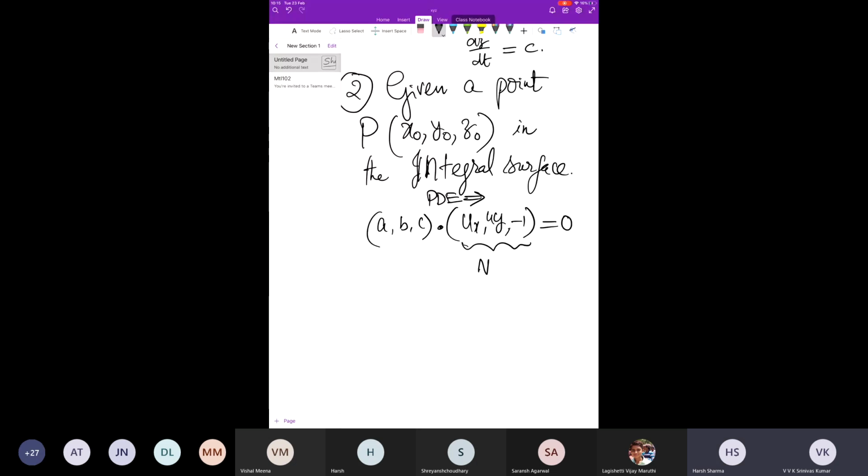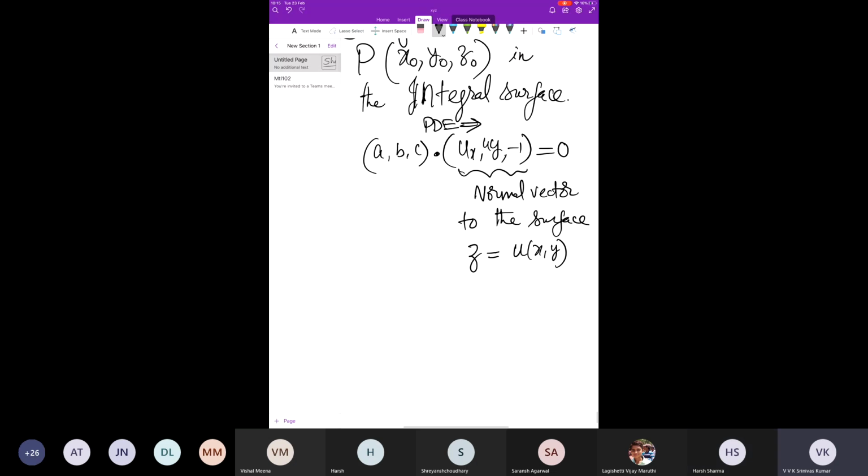This is a normal vector to the surface. What is the surface? The surface is u(x,y) equal to u(x,y), or you can write this as u(x,y) minus z equal to 0.